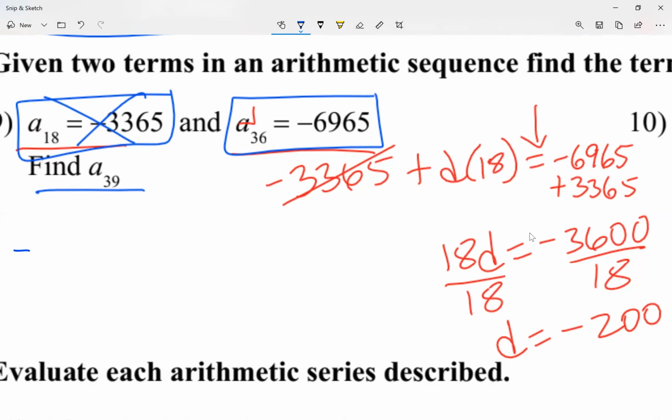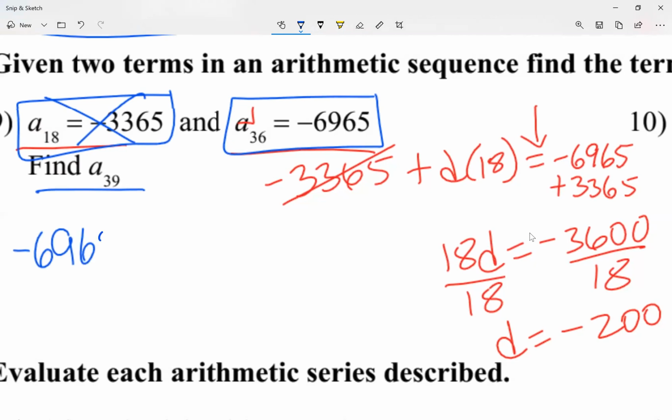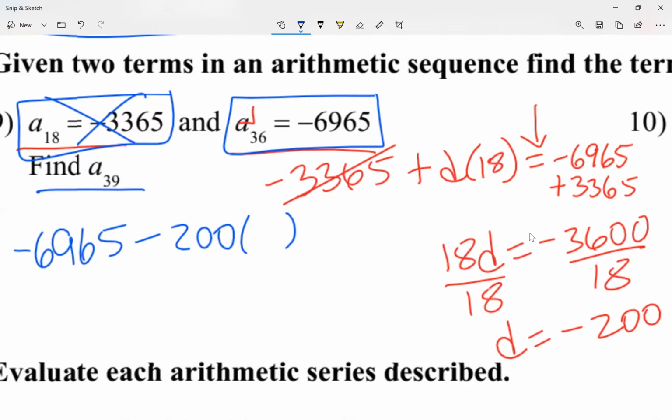I start with negative 6,965, and I have to add the difference. The difference is negative 200, so I have to subtract 200 so many times. Let me put parentheses there. I have the 36th number, and I want the 39th number. So doesn't that mean I have to add the common difference 3 times?